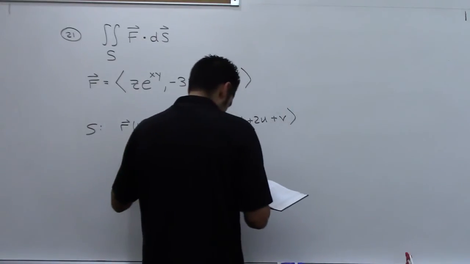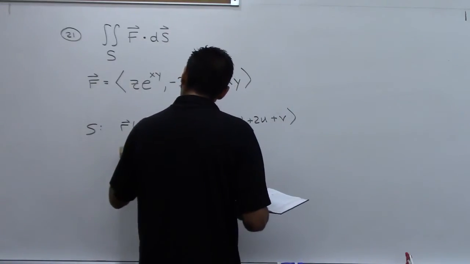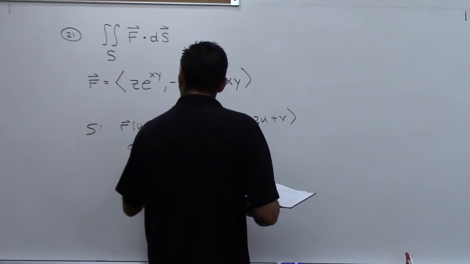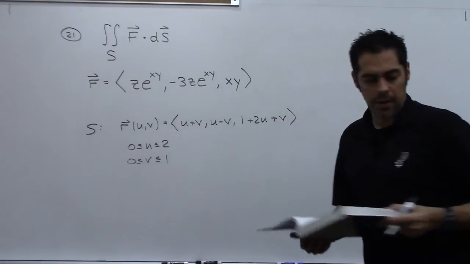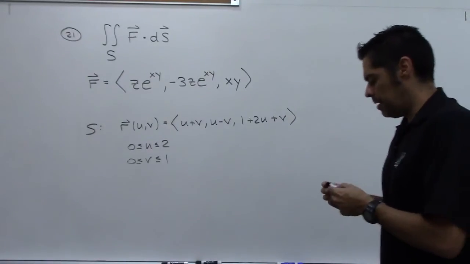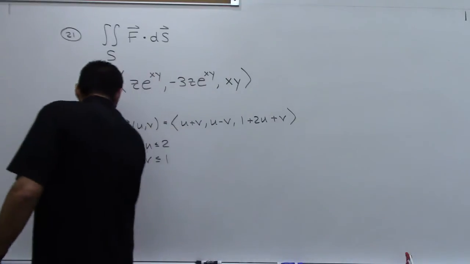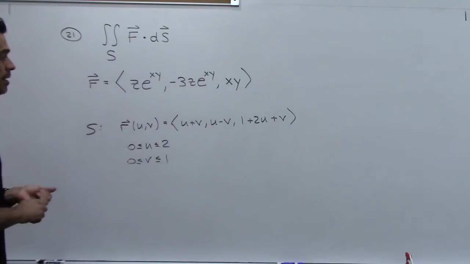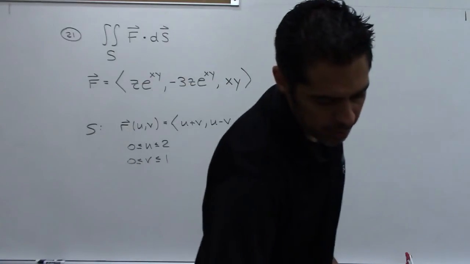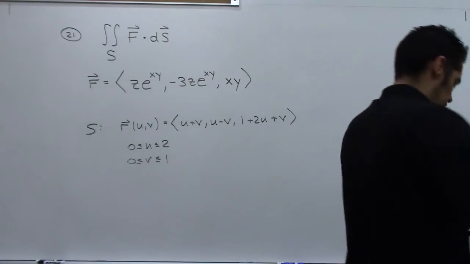Our restrictions here were that u is between 0 and 2, and v was between 0 and 1. Okay, so that's what we had from number 5. Now, I'm going to save myself some time. I'm not going to go through and do everything, because we already did it earlier.